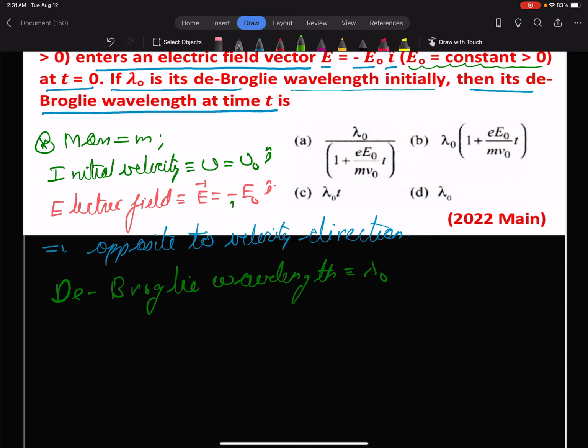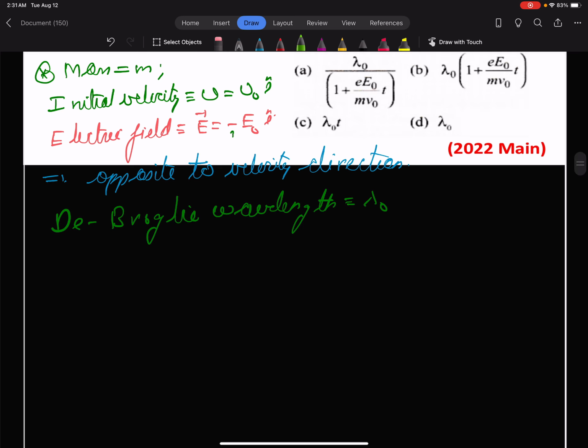Is lambda naught. Okay. So as soon as the electron enters the electric field, it is going to experience a force. And we can write the formula or equation for that force.